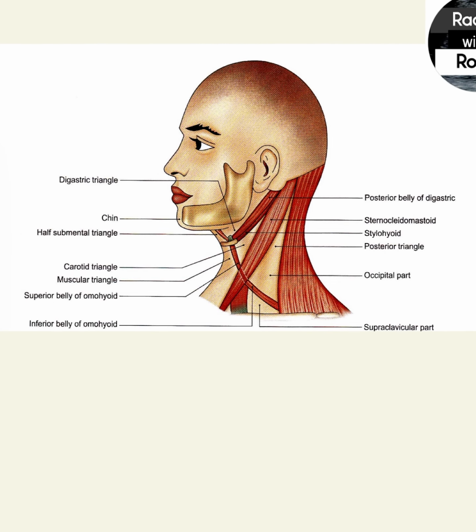Here also we can see the anterior belly of the digastric, the posterior belly of the digastric, the sternocleidomastoid, the superior and inferior bellies of the omohyoid, and our trapezius muscle. So this is our submental triangle, submandibular triangle, carotid, muscular, occipital, and supraclavicular triangle. This is our posterior triangle, and this is the anterior triangle of the neck.